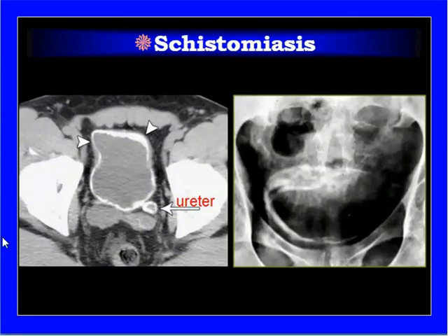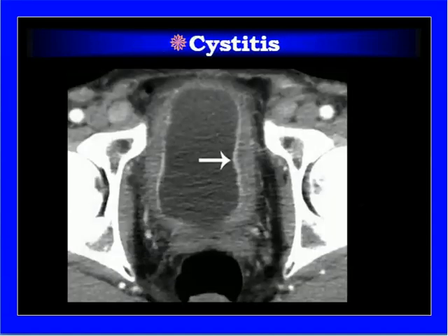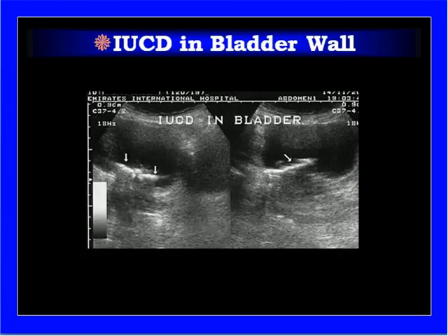Chronic cystitis due to the presence of schistosomiasis, which is not very common in our country. Another picture of cystitis, thick walled, enhancing. Very rare condition, but still we can come up with these things.